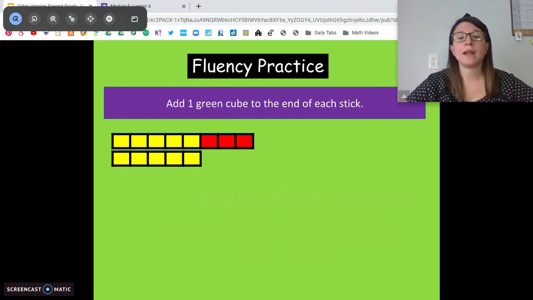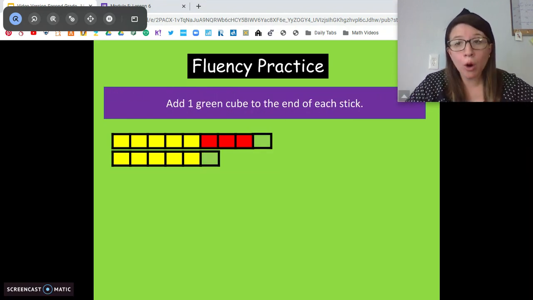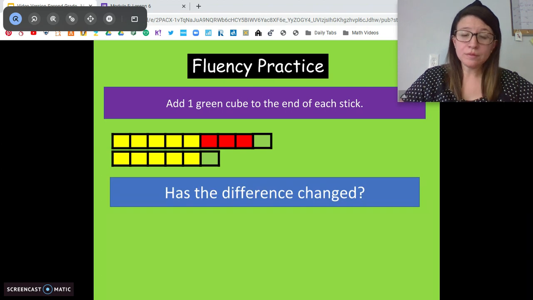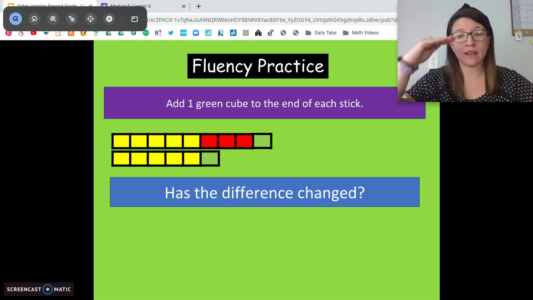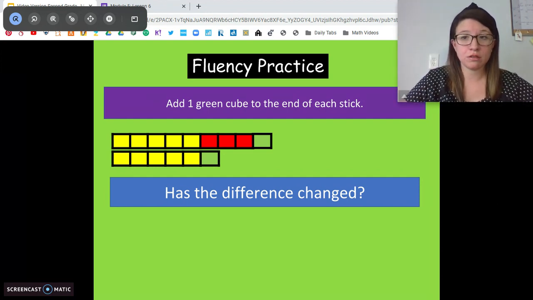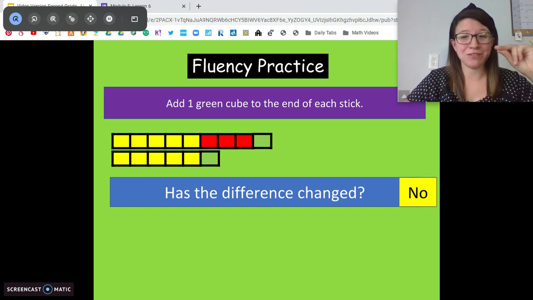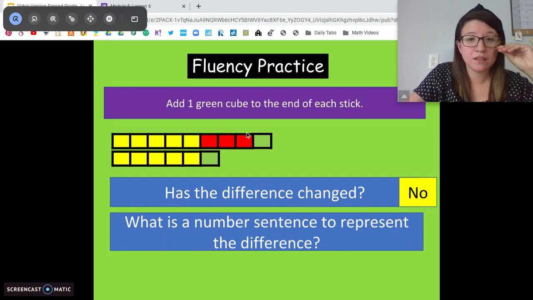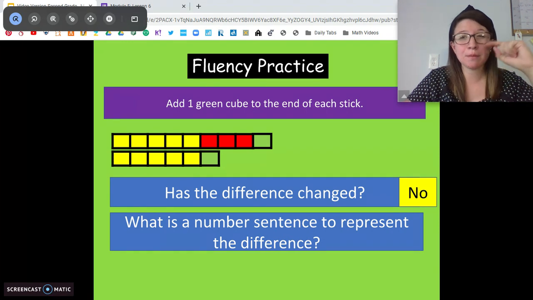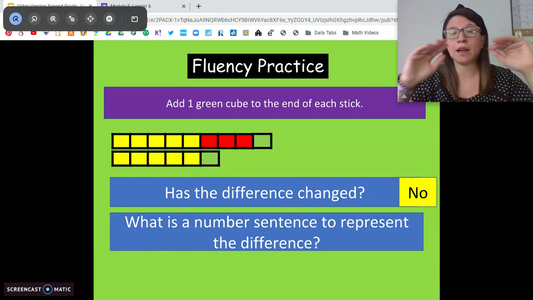Awesome. All right, now I'm going to add 1 cube to the end of both of the sticks. Has the difference between the sticks changed? Has the difference between the top stick and the bottom stick changed? It hasn't, right? There's still a difference of 1, 2, 3. Very good. Now, can you tell me this number sentence? It's not going to be 8 minus 5 equals 3.